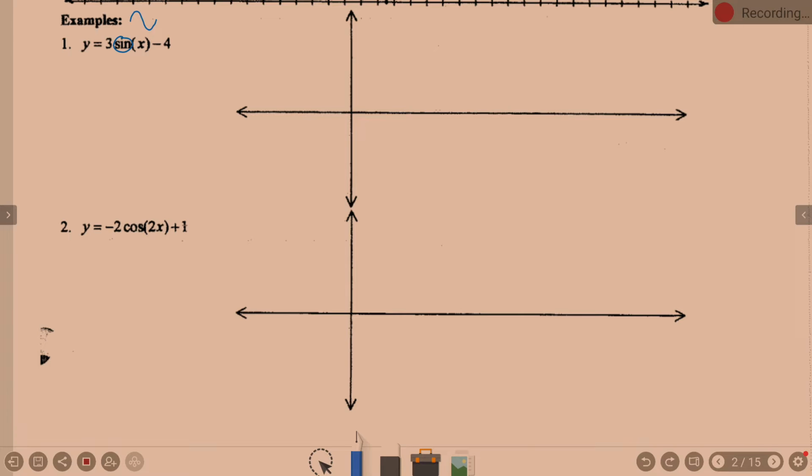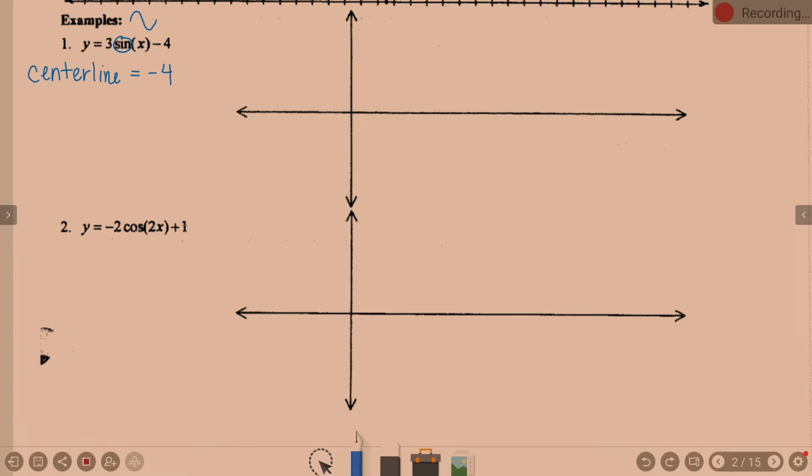Let's start identifying some information. Center line. Can you tell me what my center line is going to be? Agreed? Center line is -4, and he knew that because it's the D value, and the D is the value added or subtracted after everything else, right? So center line is -4.